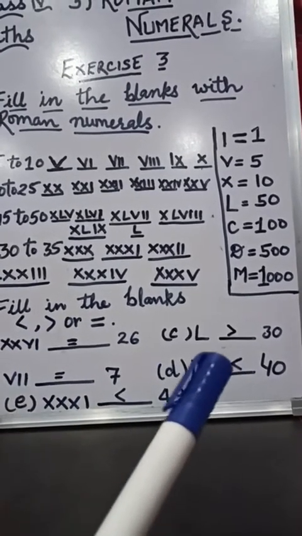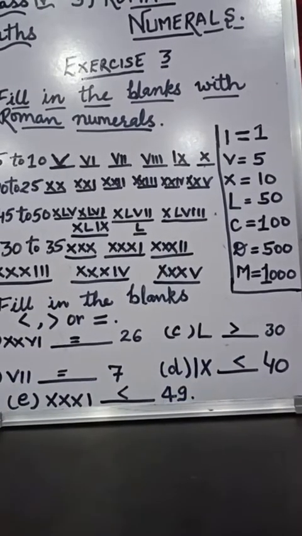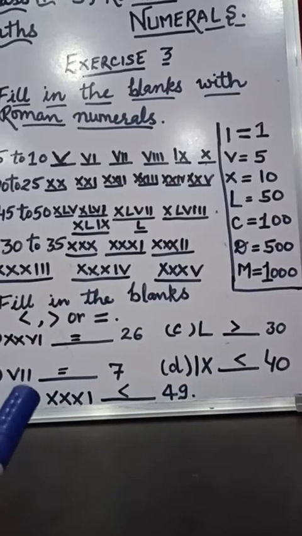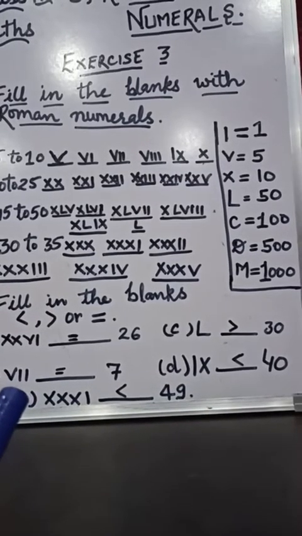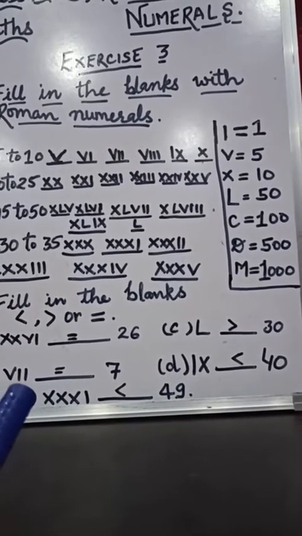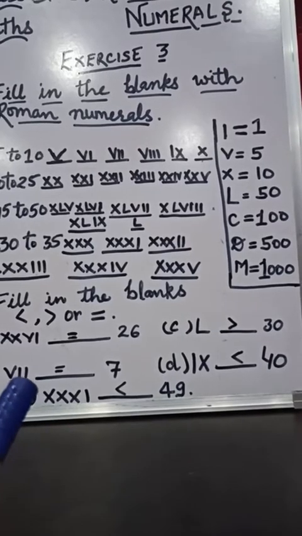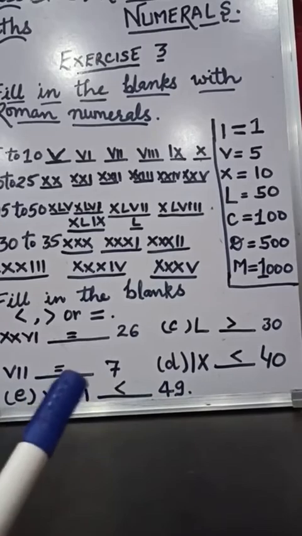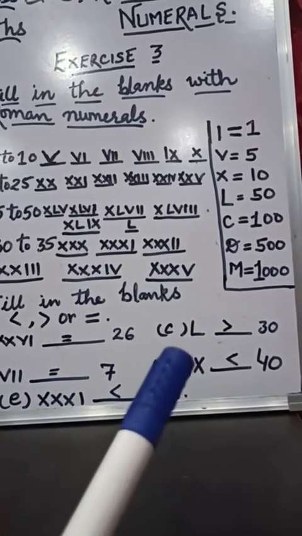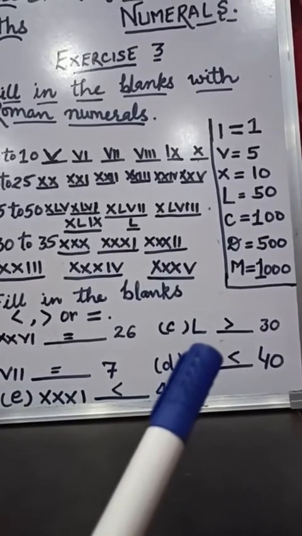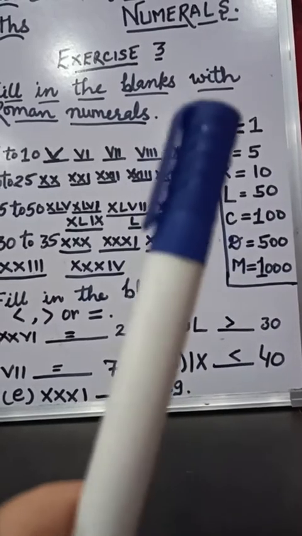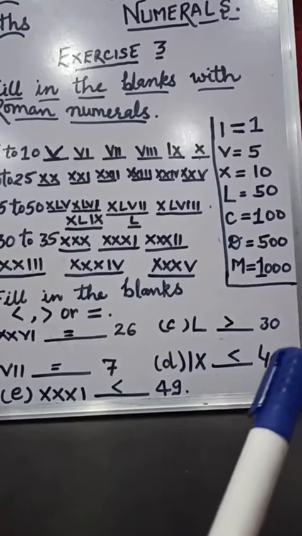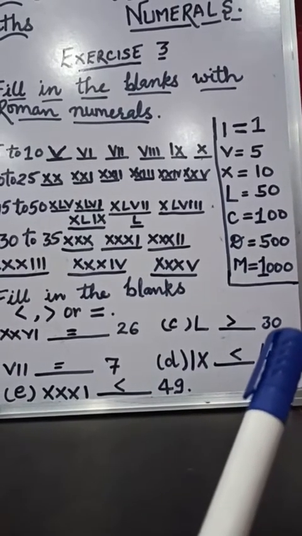Okay. Now let's see question number B. Let's see, 5 plus 1 plus 1, 7, and here also 7. So again they both are equal. Question number C. L. So let's see what's the value of L. Yes, the value of L is 50 and we have to compare with 30.